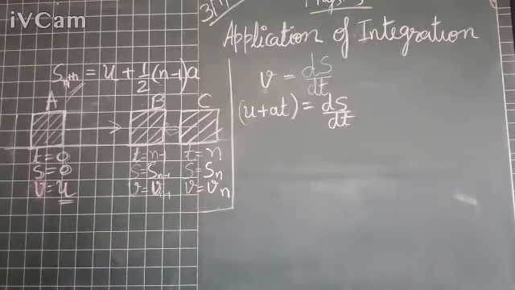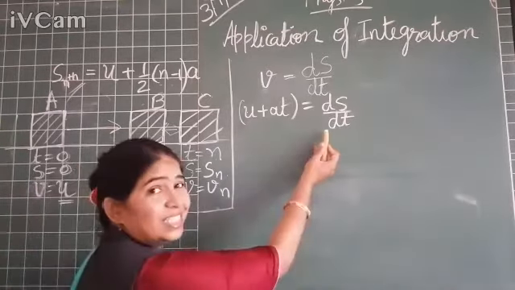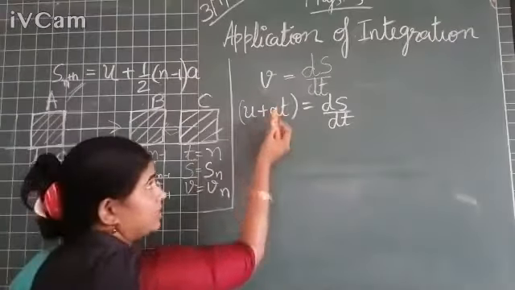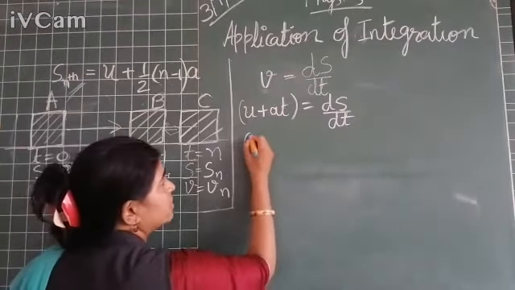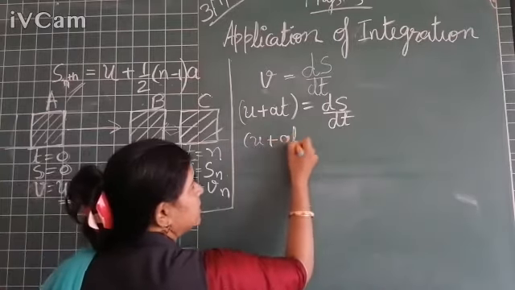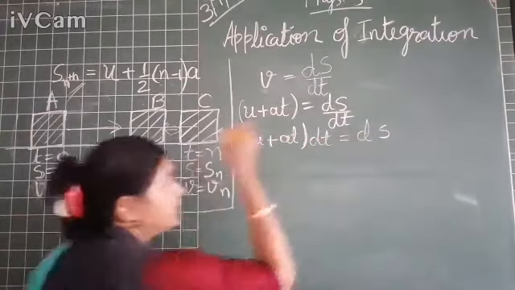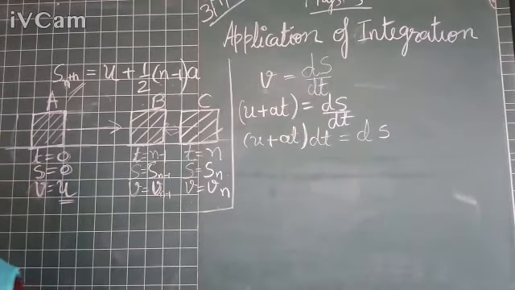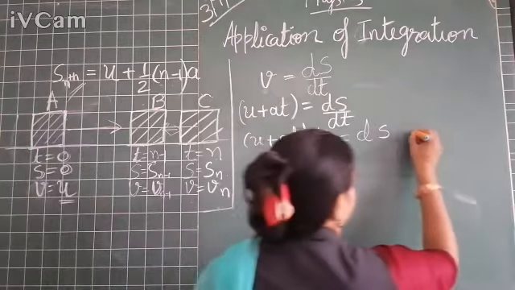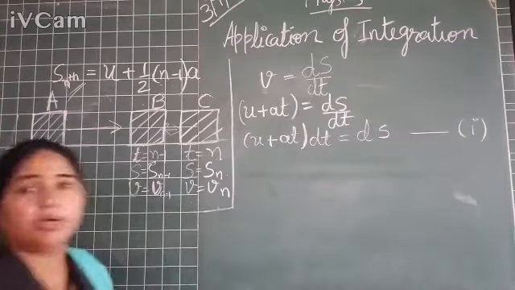Just see this, is this part clear to you children? Fine. Now this dt will come this side, and here we are going to have u plus at into dt equals to ds. So this is your equation number 1.